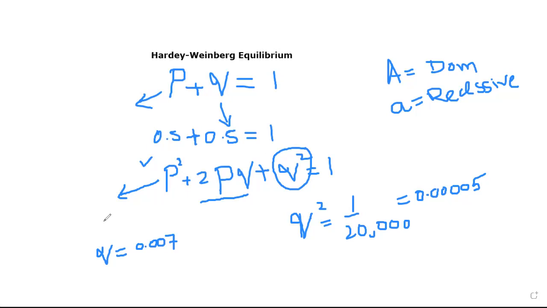Very, very good. So p is the dominant allele, and p will be equal to 1 minus q, correct? So it will be 1 minus 0.007. So the value will come to 0.993.